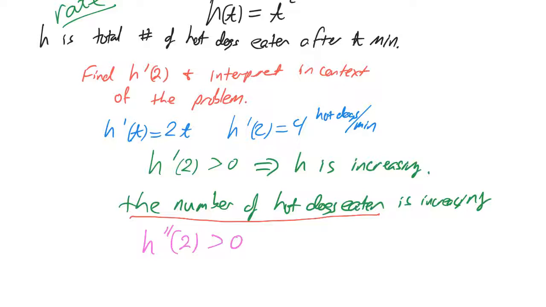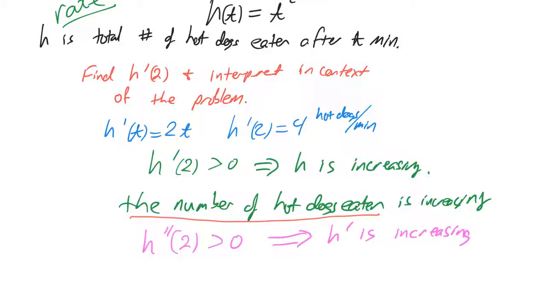In other words, when we try to interpret the second derivative, we don't want to use it to talk about the original function. Let's instead use it to talk about the first derivative, right? So in this case, if h double prime of 2 is positive, this implies that h prime is increasing.